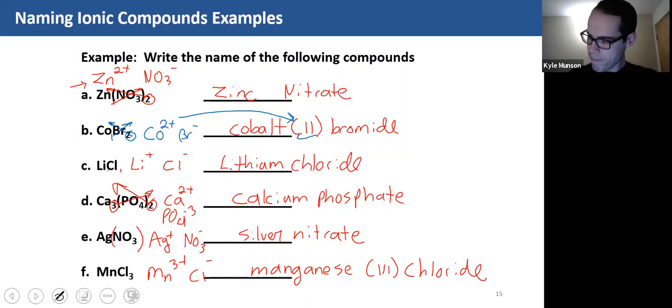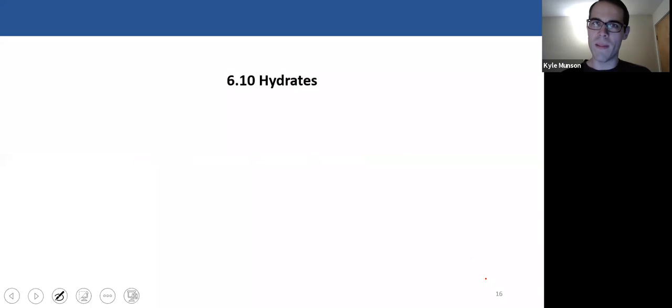Okay, so that's how we're going to name ionic compounds. We already did how to write down the formula of ionic compounds. Again, take the time to do plenty of examples here. Remember, we're just trying to memorize not all the names of these compounds, but the way that we do it, the system that we name compounds. If you do that, you're going to be fine. So next section, we're going to be talking about naming hydrates.